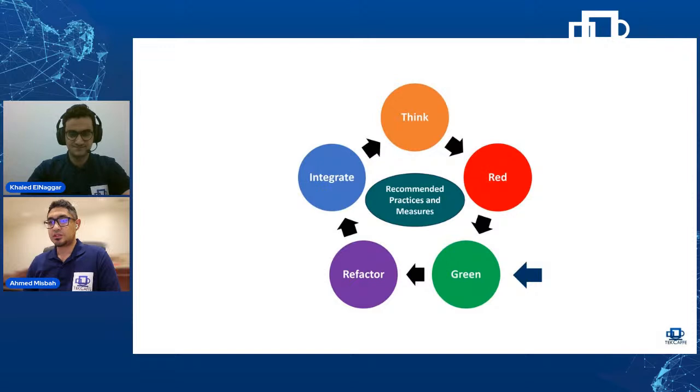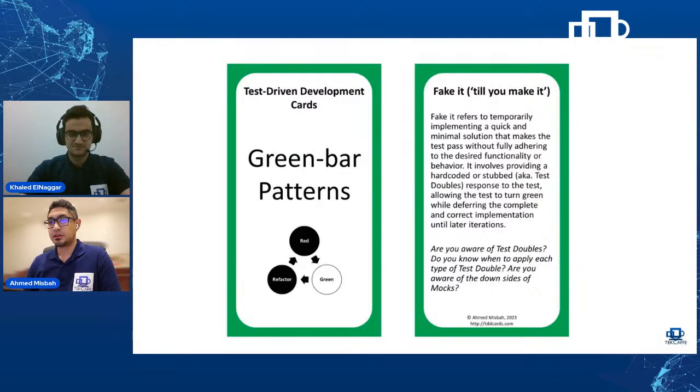So we're now at the green bar, and we want to pull a card from the green bar patterns. So we've pulled the fake it card. So Khaled, why don't you tell us a little bit about that? Okay.